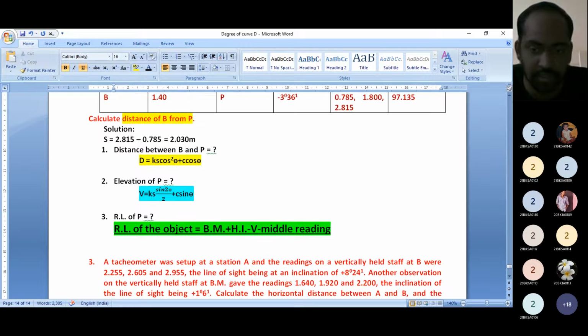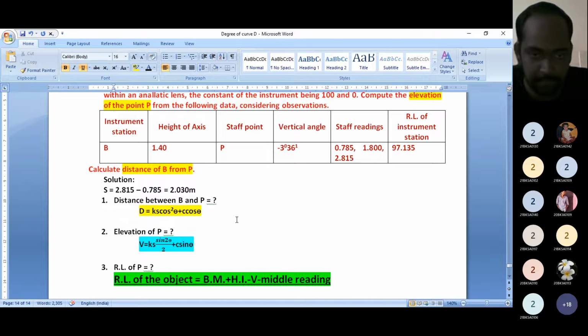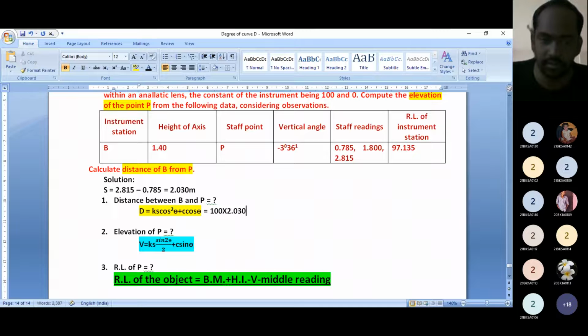Okay now. So substitute the values and tell me. D value can always take K value as 100 into S value we have calculated as 2.030 into cos square theta. What is theta here? Minus 3 degrees 36 minutes. But whenever we are subtracting here, you can take it as 3 degrees 36 minutes. Here minus is given because they are mentioning that it is the angle of depression.